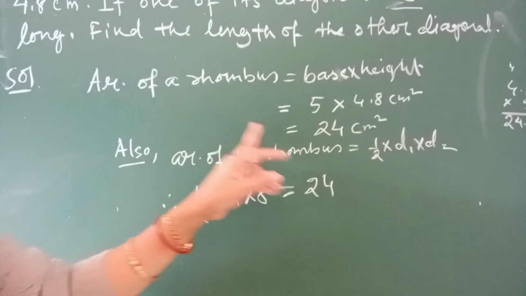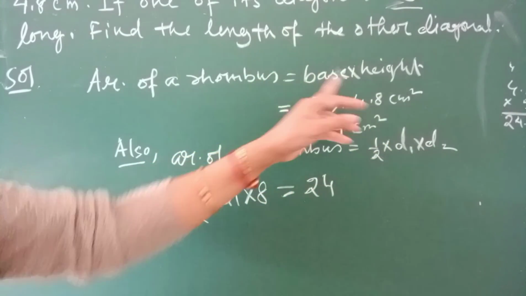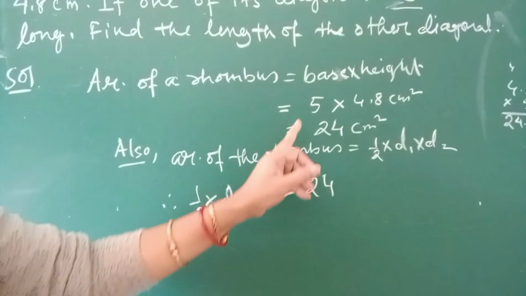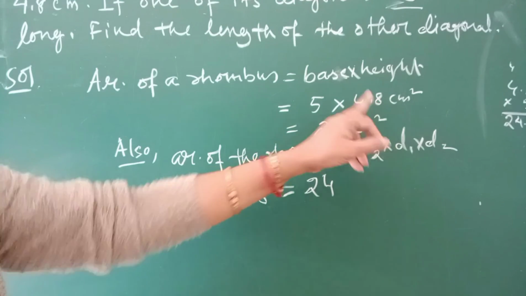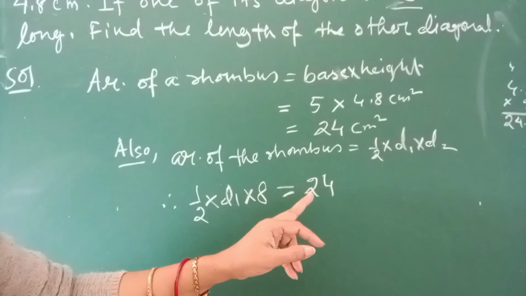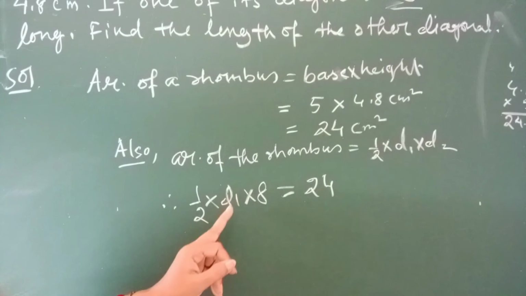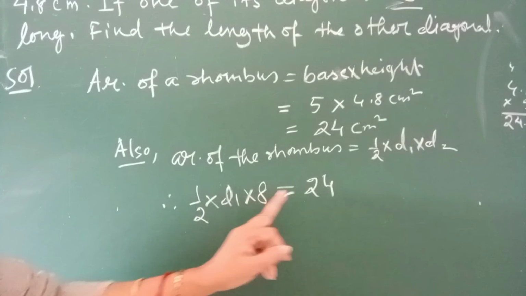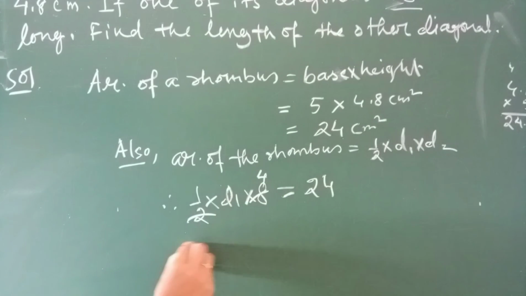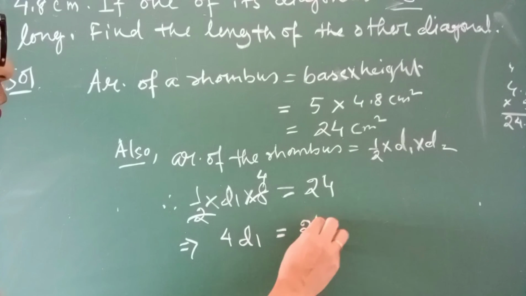First of all, we found the area of the rhombus by using the formula base into height, because it is a parallelogram also. Base and height were given, one side and the altitude on that side. It is 24 centimeter square. Now you have to find the other diagonal when one diagonal is given. So we are using this area, these two diagonals, half into 8 into d2 is equal to 24. Now 4 d2 is equal to 24.